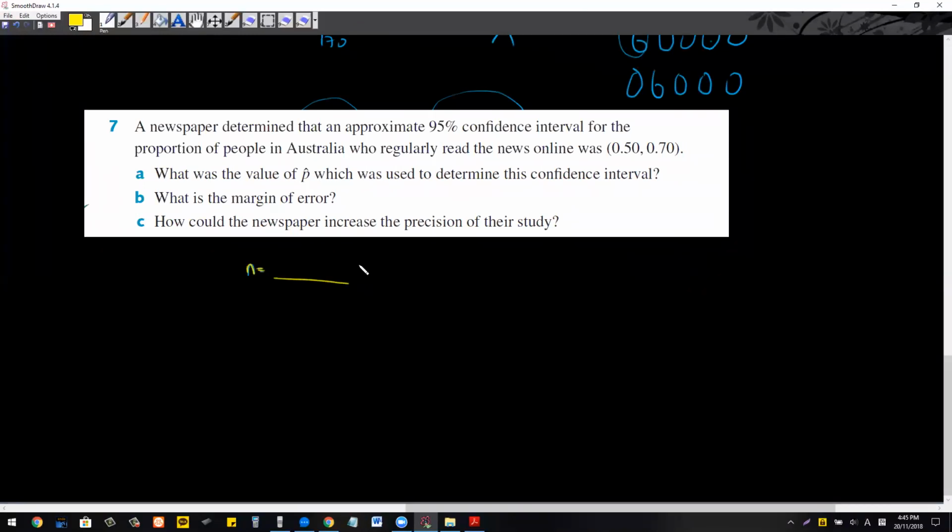We don't really know how much this is, okay? So you ask some people. Now, here's the thing. The more people you survey, the narrower this confidence interval will be. So for example, if I ask 100 people, and I found 60 people read newspapers, then what's my proportion? 6 out of 10, is that right?